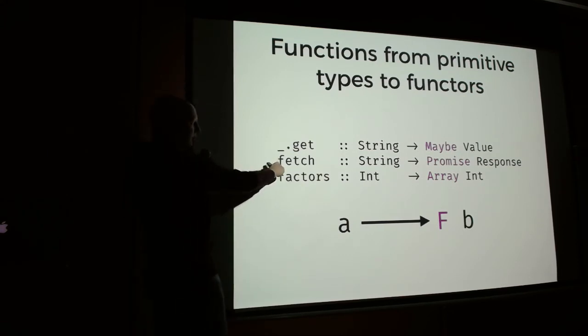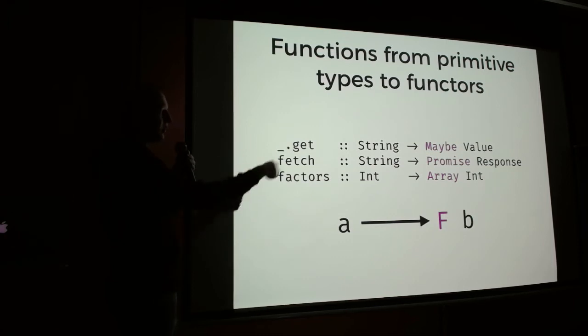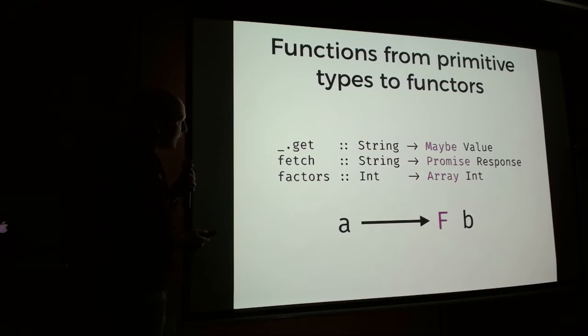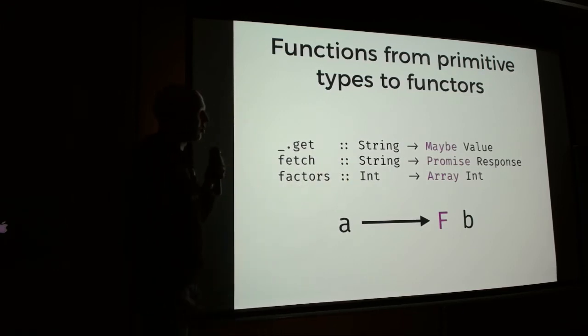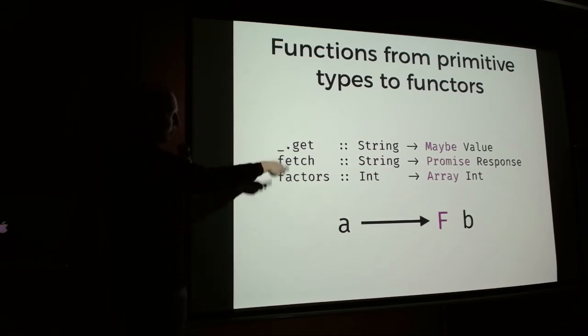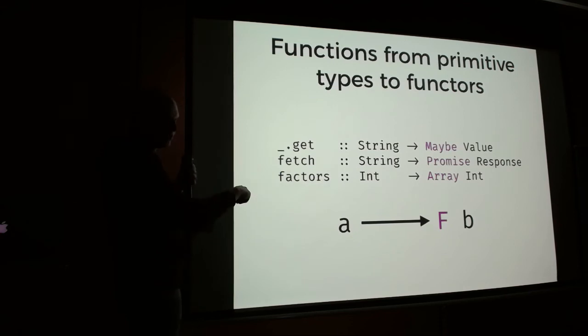And then fetch, you pass it a URL, and then it returns you a promise. And then eventually you get a response. And now factors, when you factorize a number, right? For instance, 24, factors of 24 are 12, 4, 3, 2, and 6. You start with one number, and you get a whole array of numbers. So all these functions move from a simple type to some other type in a functor.